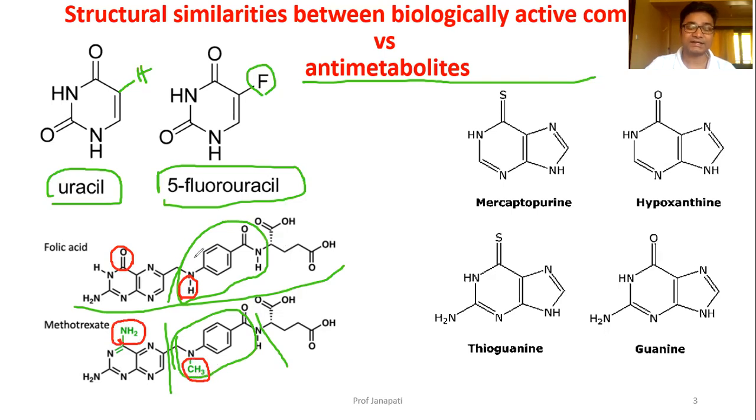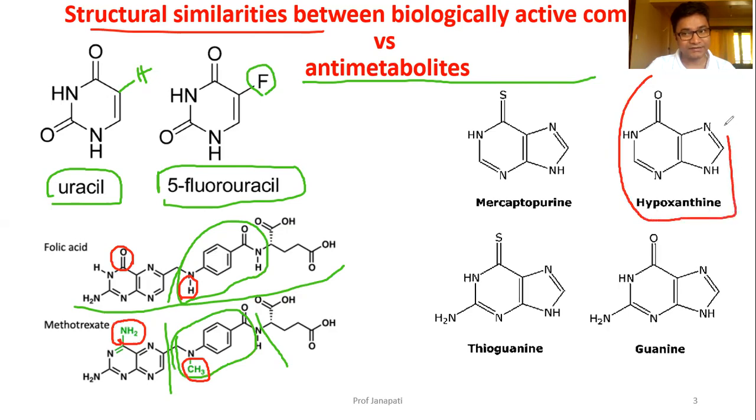So these drugs have structural similarity with that of our metabolites. You can see structural similarities between the biologically active compounds and antimetabolites. Now, this is the natural metabolite, hypoxanthine, and here instead of keto group or oxo group, there is a thio group.